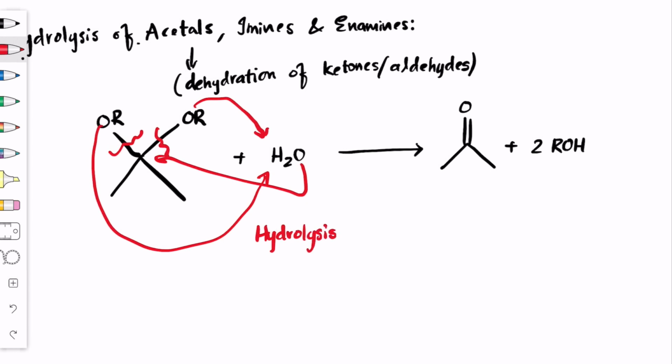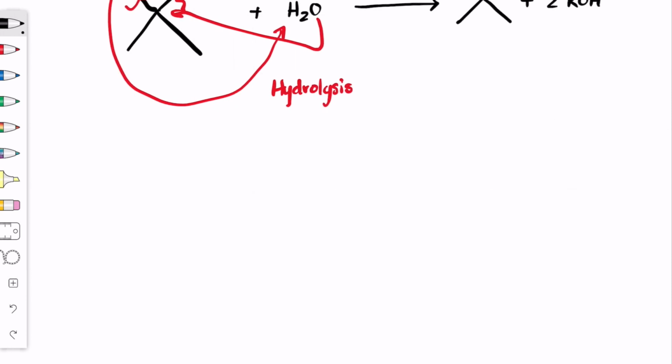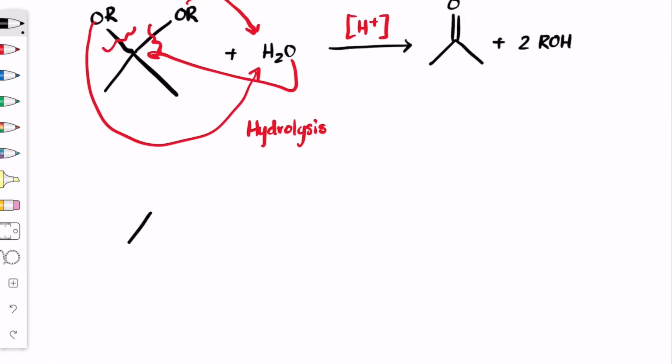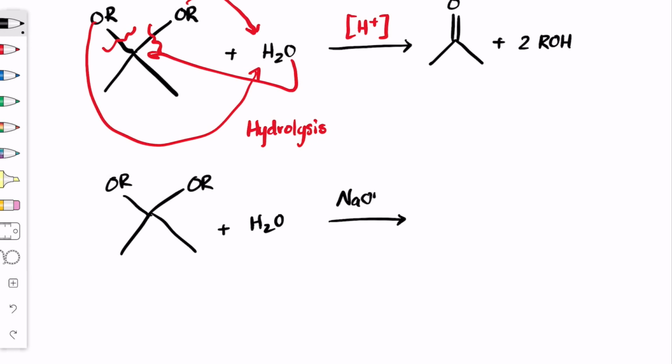and this reaction only occurs under acidic medium, which means that it is not going to occur under basic medium. So when you have a basic medium, say for example plus H2O in the presence of NaOH, there is no reaction.